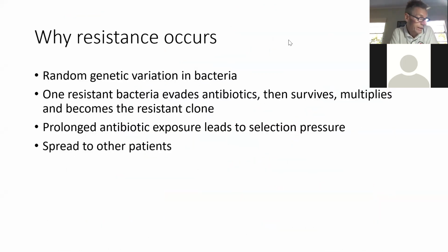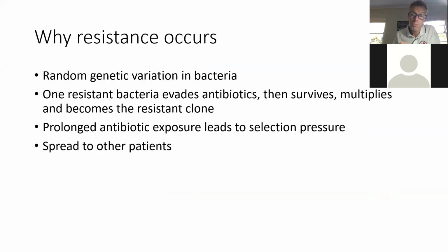It's important for us to understand why resistance occurs. It's a bit like with COVID, how resistant variants pop up anywhere, and there are random genetic mutations that lead to a bacteria becoming resistant.